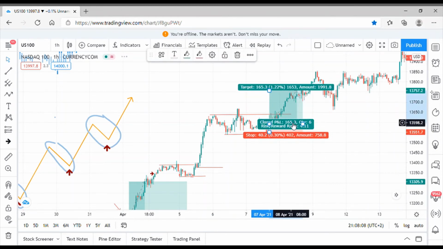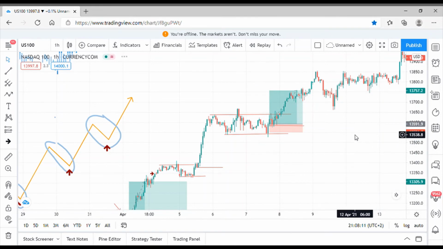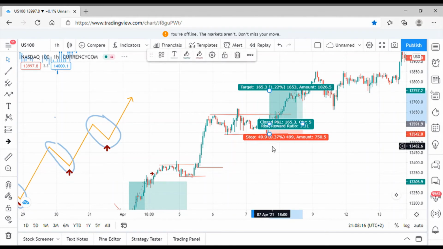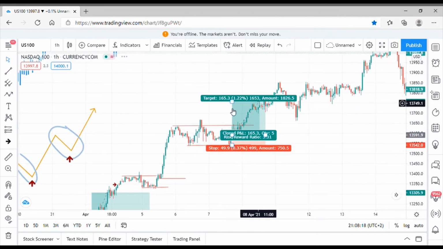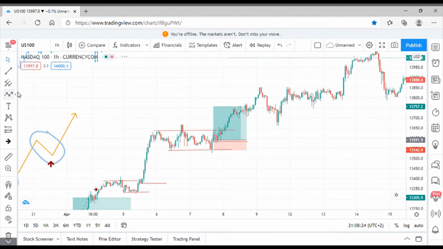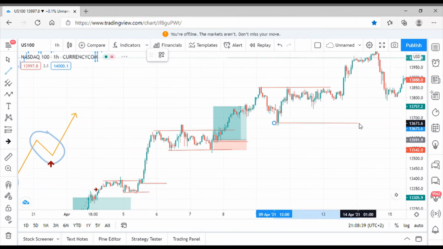Here we have another good entry in the market with our stop loss below this level. We have another entry. We see the market creating these highs. We see these highs actually happening, and then we see that the market created a low, but it didn't go lower than this area.